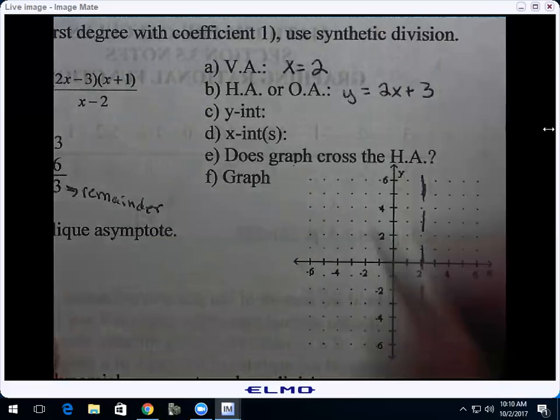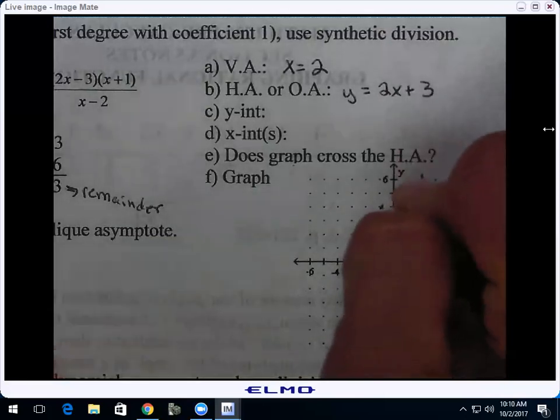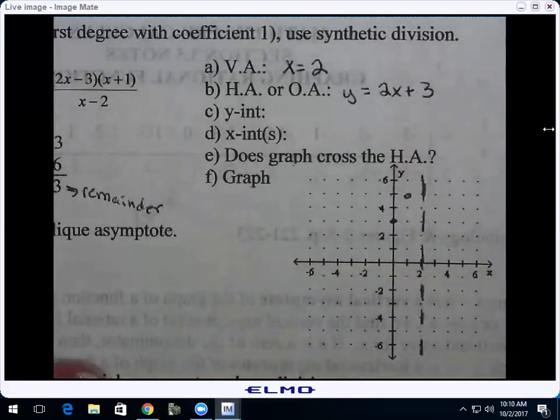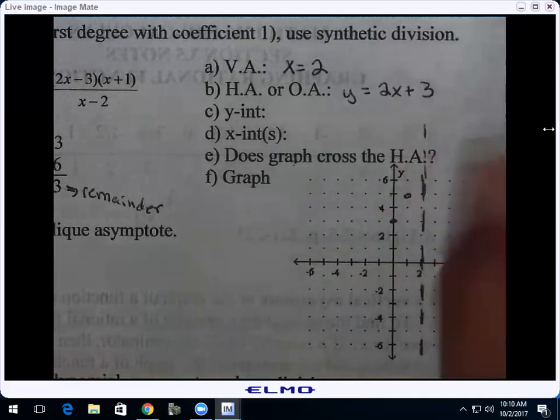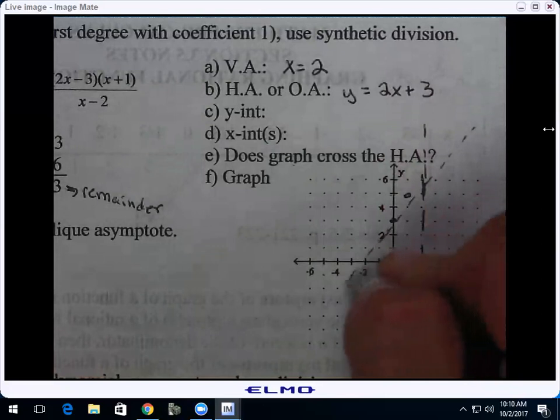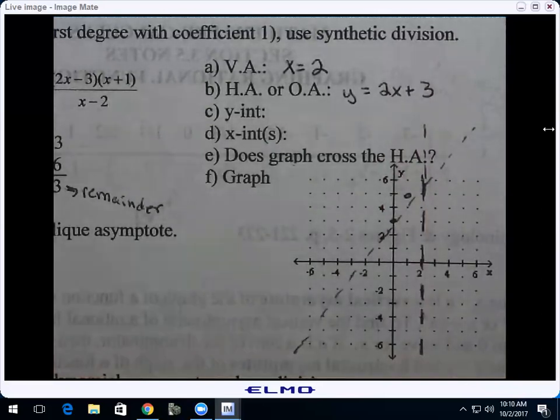We're going to plot the y-intercept at 3. The slope is 2, so we're going to count up 2 over 1. And I'm just going to make that a dashed line rather than a solid line because it's an asymptote. Wish I'd left a little bit more room there. But there's my oblique asymptote.